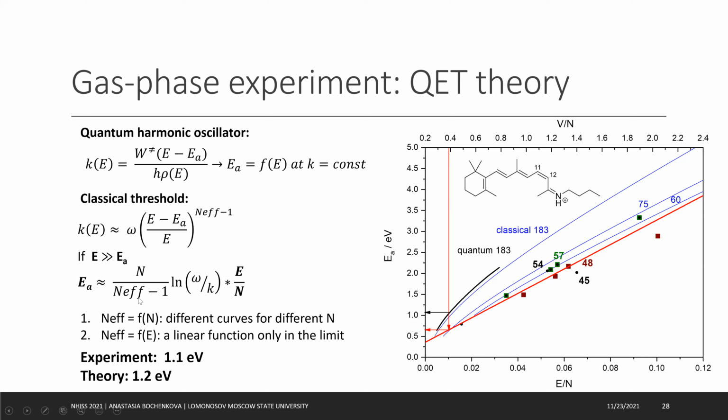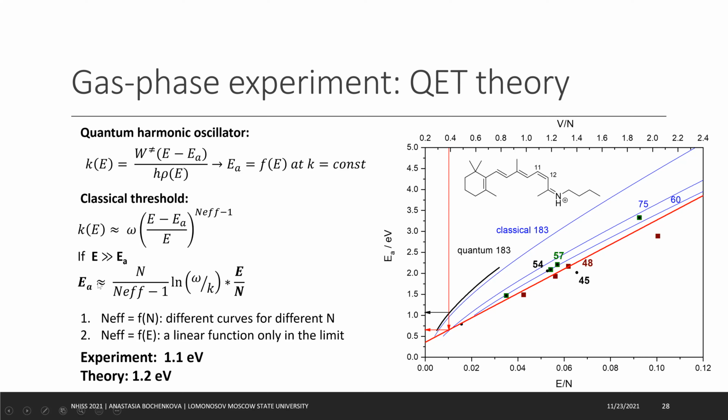If we do them, for example, we go to the classical limit, and we also assume that the energy that the molecule has is much larger than the activation energies, we can, in principle, end up with a linear correlation between the activation energy and the total energy divided by the number of vibrational degrees of freedom.